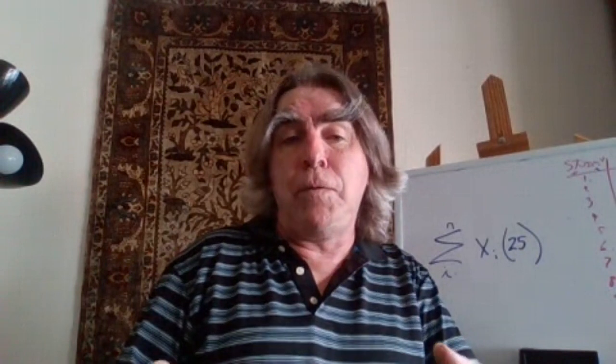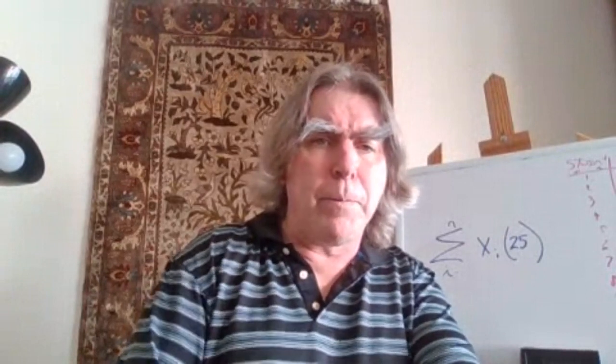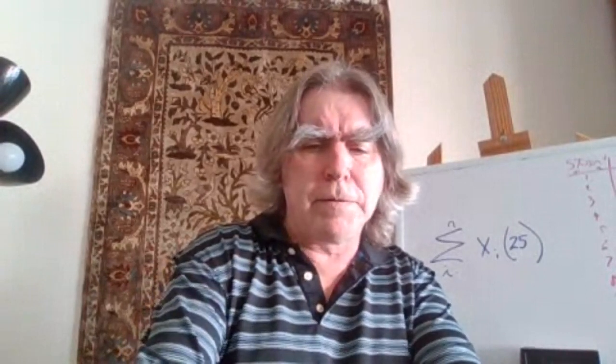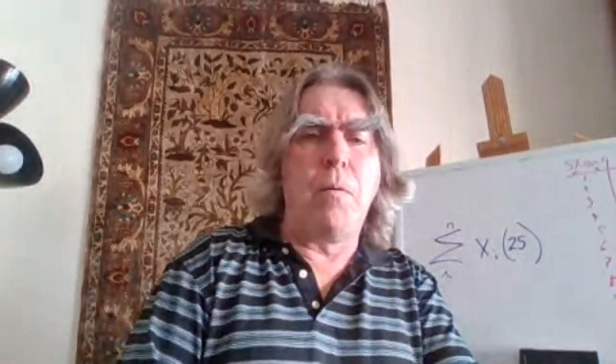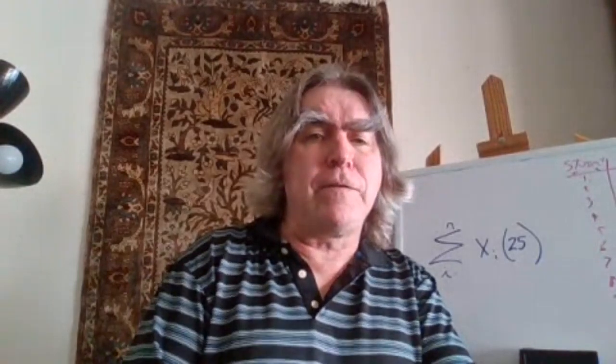If you want it to not change what it's pointing to, you're going to have to put dollar signs either in front of the number, or in front of the letter, or both. If you put it in front of the letter, what it's saying is, regardless of where I copy this to, don't change the column.